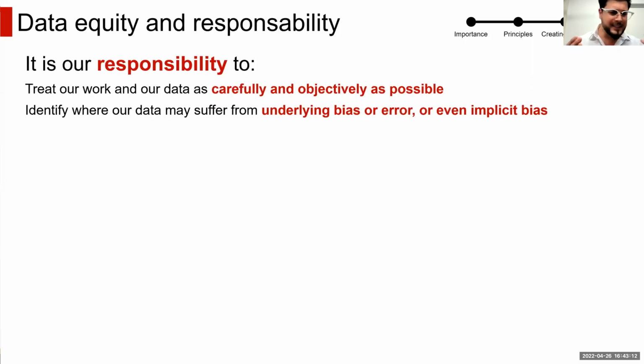This is extremely important, and as data communicators, it is our responsibility to treat our work and our data as carefully and objectively as possible. It is also a responsibility to identify where our data might suffer from underlying bias or error, or even implicit bias that data creators may themselves not even be aware of.